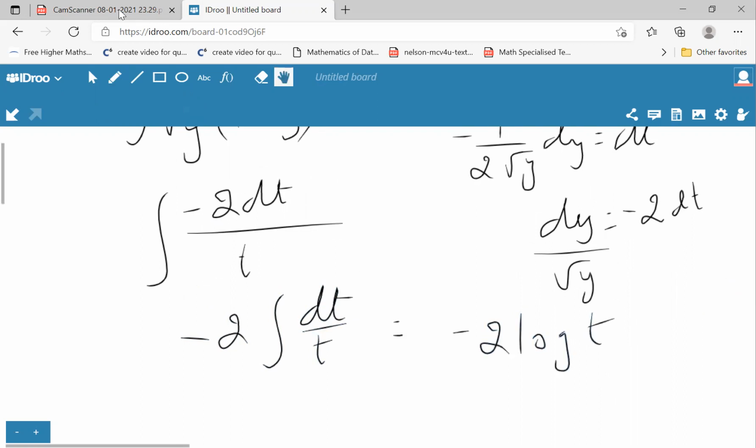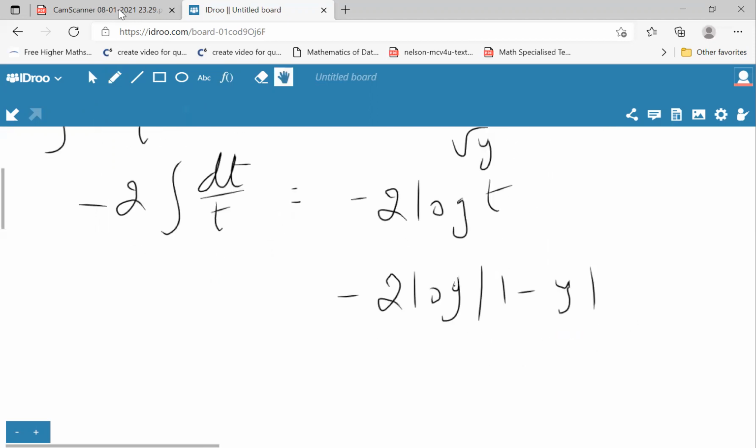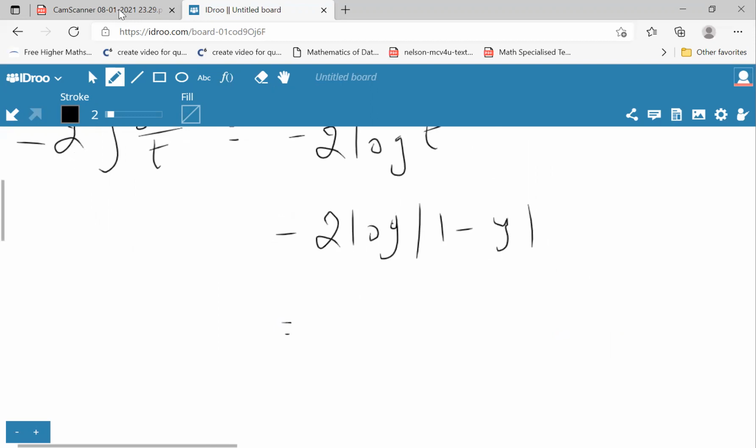Substituting back for t, we'll get minus 2 log mod of 1 minus root y, or you can even write it as log mod of 1 by 1 minus root y whole square, because it is minus 2.